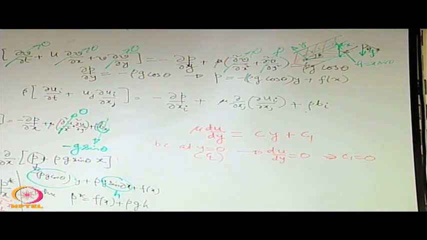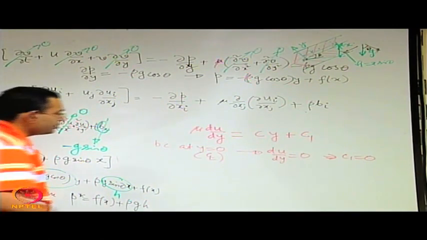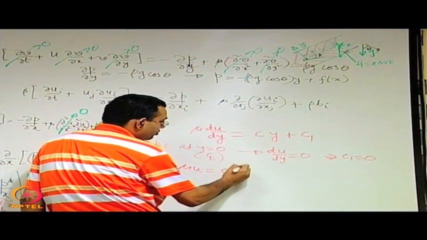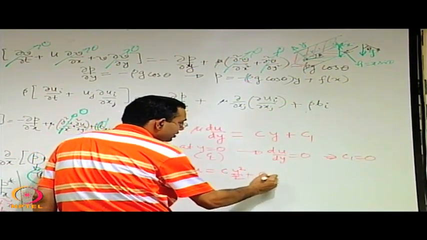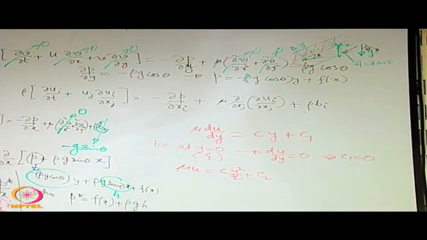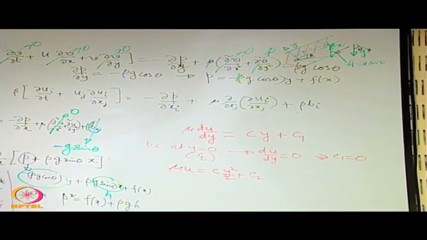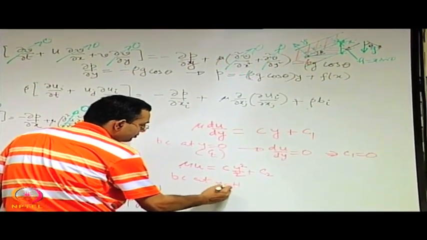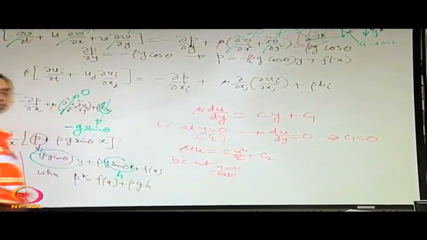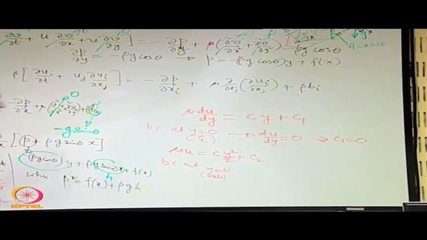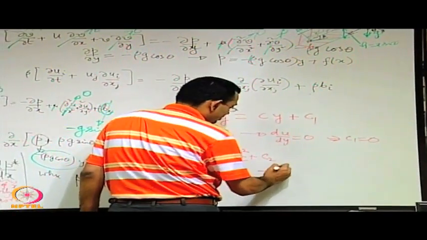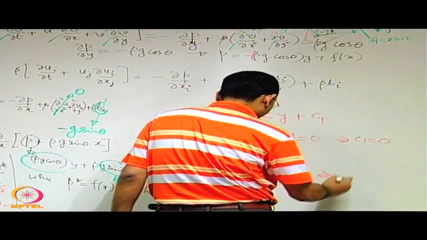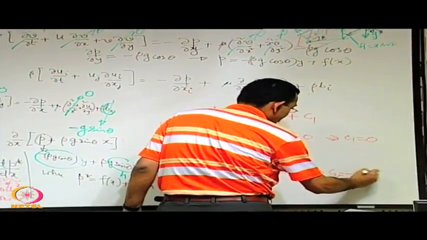Next, let us integrate it once more. So you have mu u is equal to c y square by 2 plus c2. What is the boundary condition at the other end? Boundary condition at y equal to h, that is the wall, u equal to 0, that is the no slip boundary condition. So that means you have C2 is equal to minus C h square by 2.